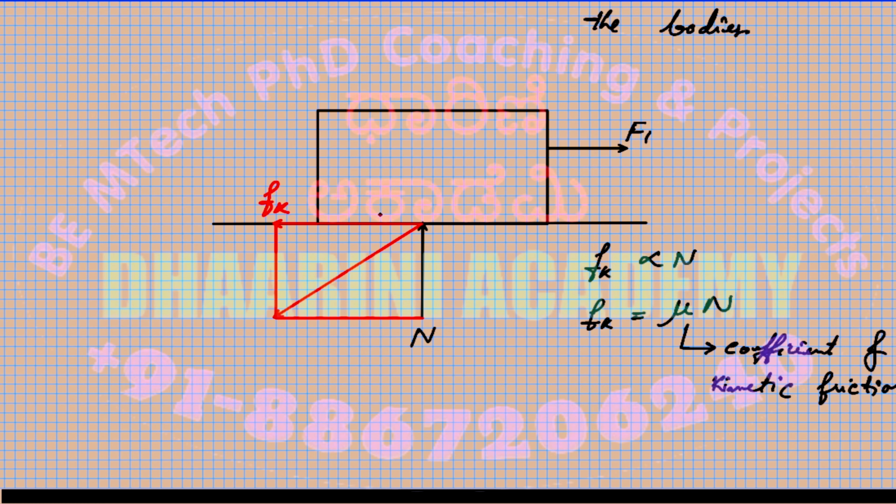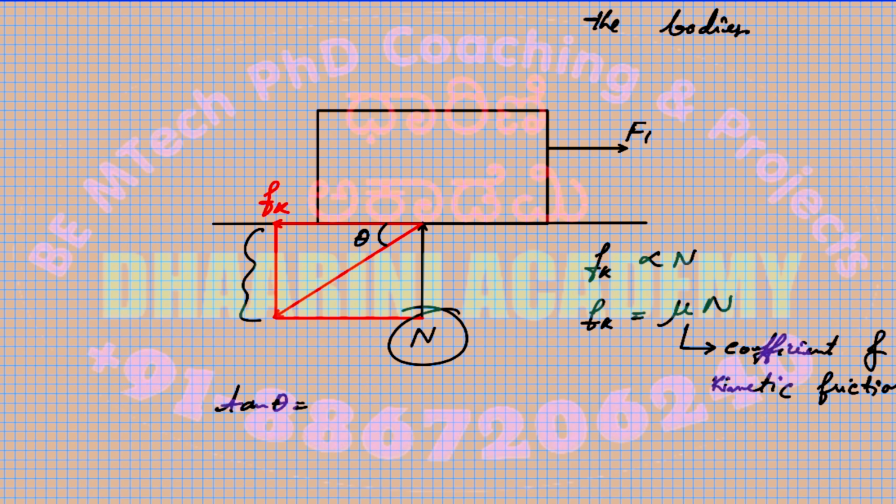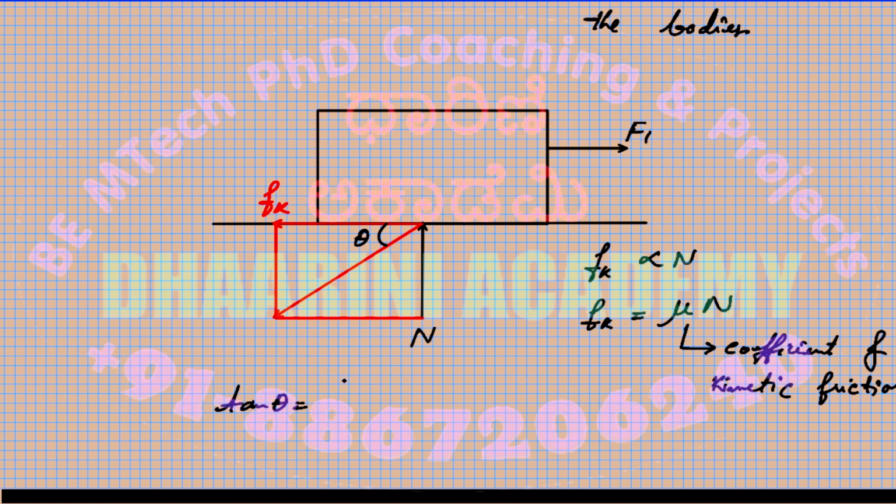So I can actually find this if I call this angle theta and take tan theta. Tan of this angle theta is equal to the opposite side, that is N itself, so the height of that side is N, divided by the adjacent side, denoted by Fk.